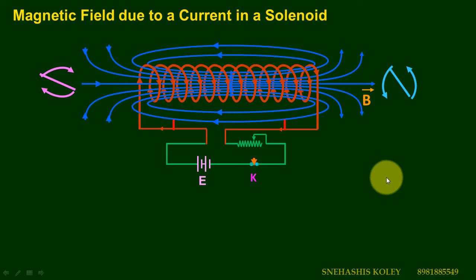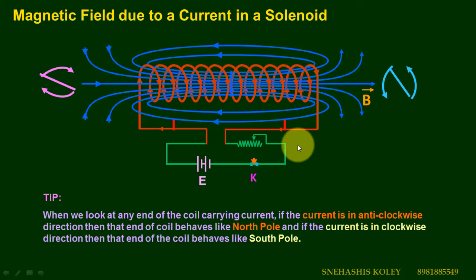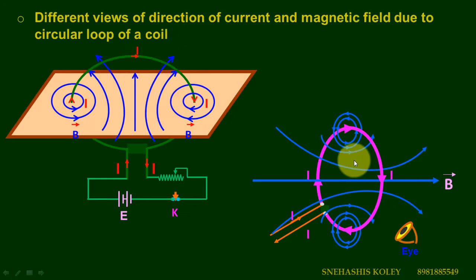So it can be noted that the anti-clockwise movement of current in a coil will produce a north pole, and clockwise motion of a current in a conductor will produce a south pole. But in our previous slide, you have seen that both the poles are generated due to a single loop at the same time, because a monopole of a magnet does not exist.